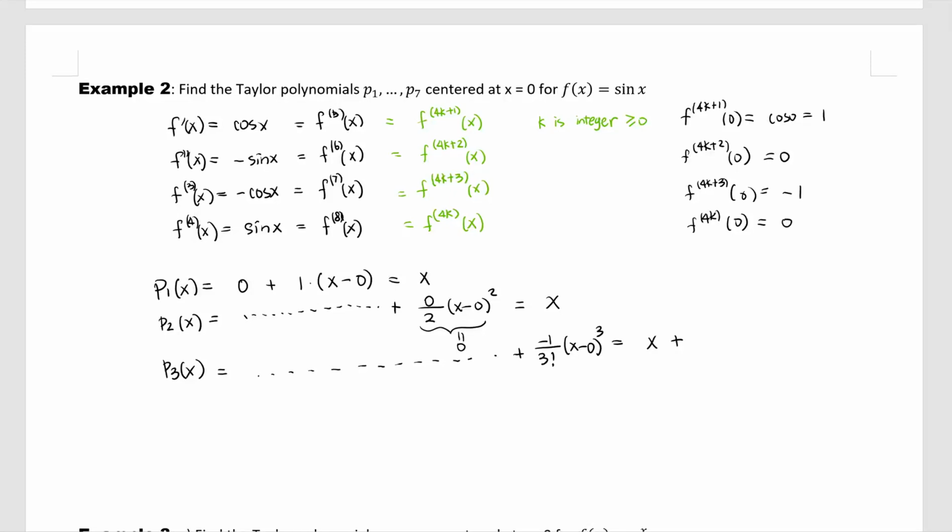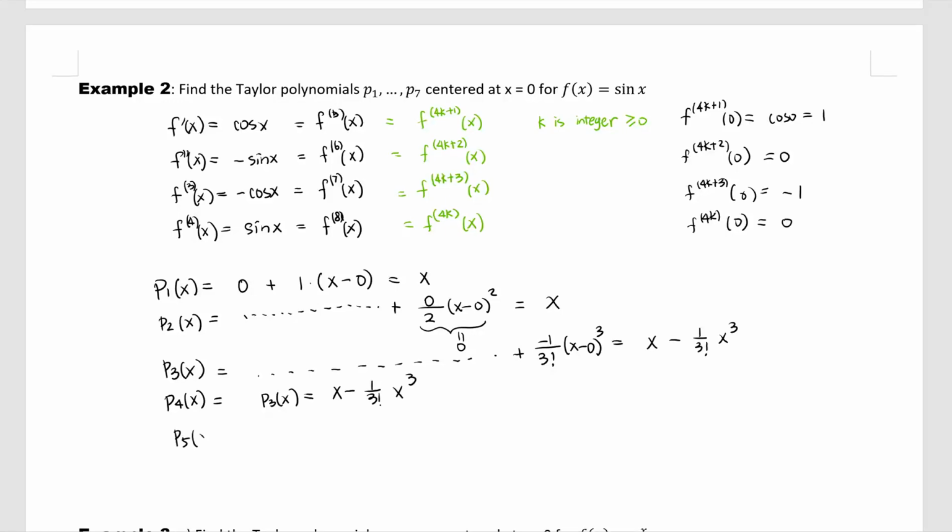So P3 of x is x plus the next term, negative 1 over 3 factorial x cubed. How about P4? Can you see that because the fourth derivative is 0, P4 is the same as P3. So that is x minus 1 over 3 factorial x cubed.